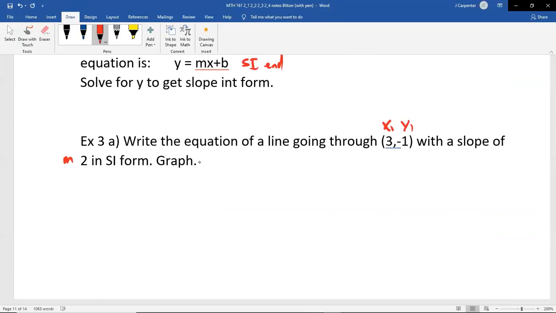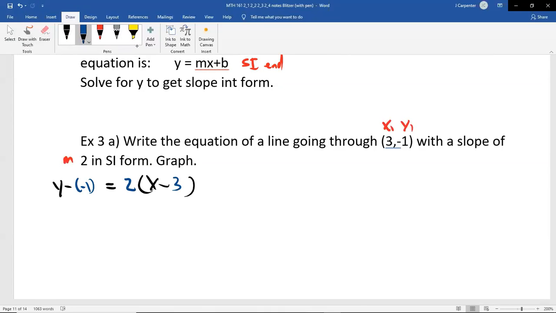So we got our point and our slope, so we can put it in point slope form. We go y minus y1. So y minus the y1 is negative 1, so we're going to need to wrap it into parentheses, equals the m, which was 2, then parentheses, x minus the x1, which was 3.